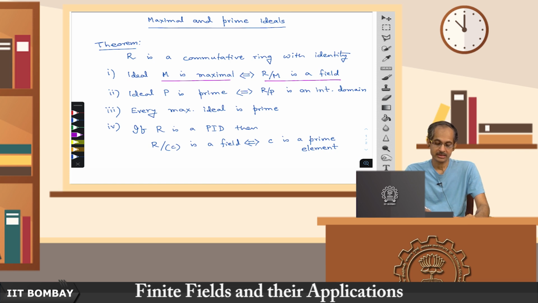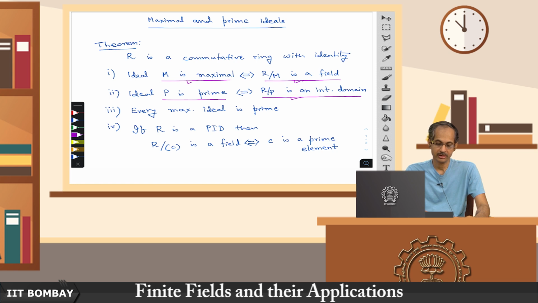Next one says that if an ideal is a prime ideal, that is equivalent to saying the quotient ring is an integral domain. Now, as you can see, every field is an integral domain.